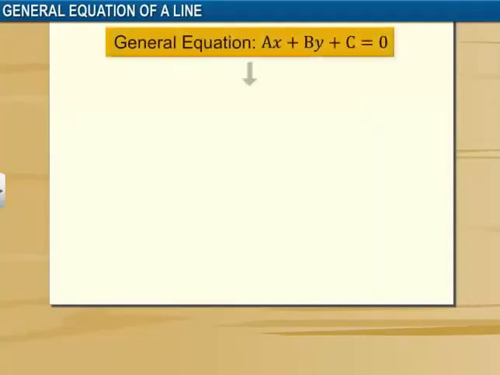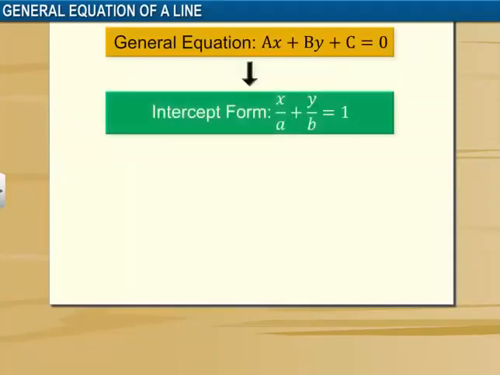Now, let us reduce the general equation of a line into the intercept form of the equation of a line. Consider the general equation of a line such that the constant c is not equal to 0. Rearranging the terms in the general equation, we get ax plus by is equal to minus c.